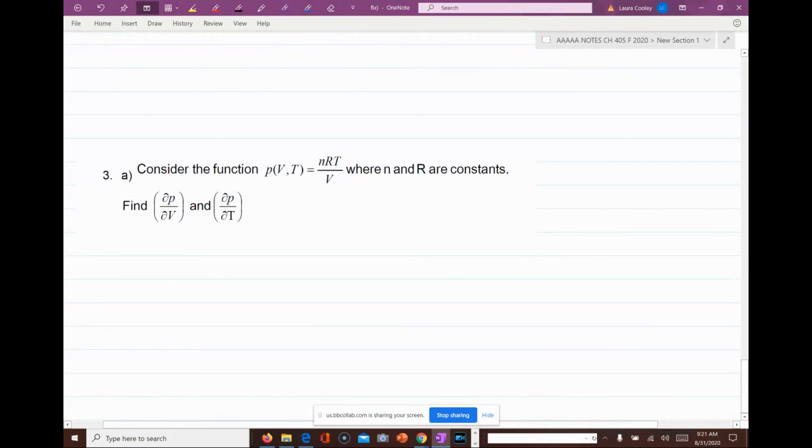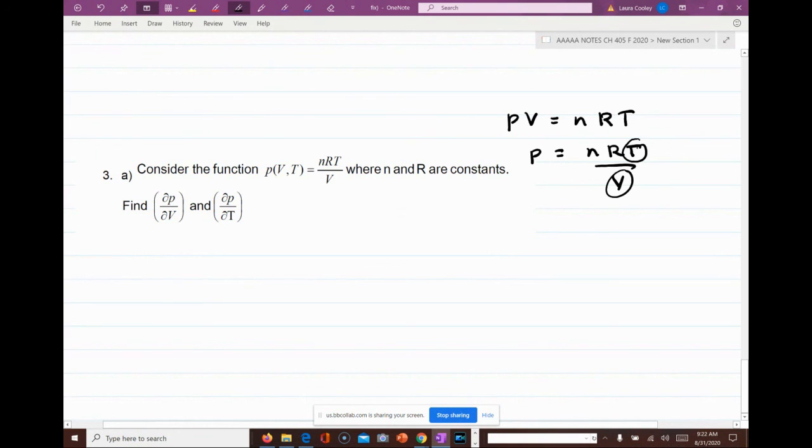Now here we start to look at, you could recognize this equation. We're going to be using the ideal gas law. If you have 1 mole, then PV is RT. Oh, I guess I didn't have n equals 1 there. That's okay. Let's just do this. So you could see that P is nRT over V. So you could think of P as being a function of volume and temperature.